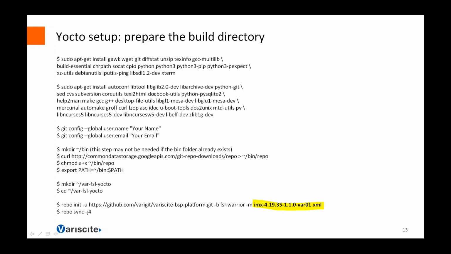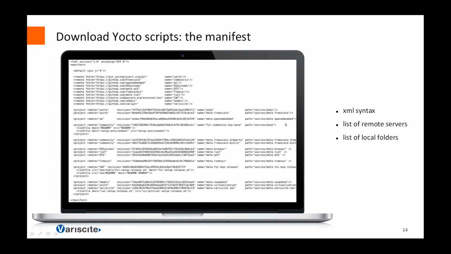What is a manifest? The manifest is just a list of reference servers. This is the manifest that we use for our IMX8M Mini Yocto build.